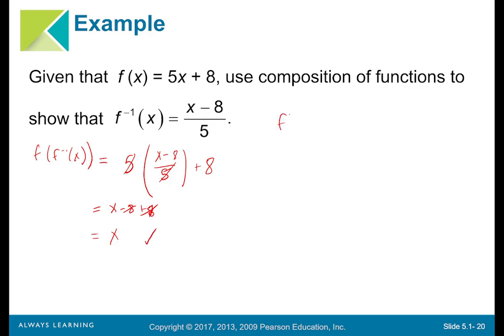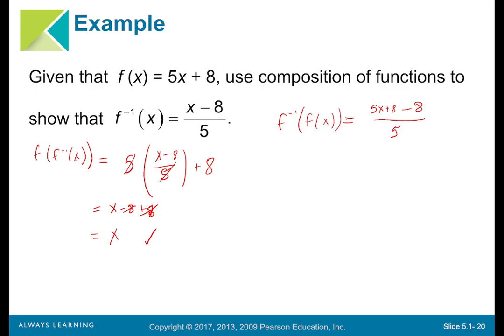Now, you do always want to check that it works in the other direction as well. And we want to check that if I plug f in place of f inverse, that it simplifies also down to x. So I plug 5x plus 8 in place of the x. So I have a minus 8 divided by 5.